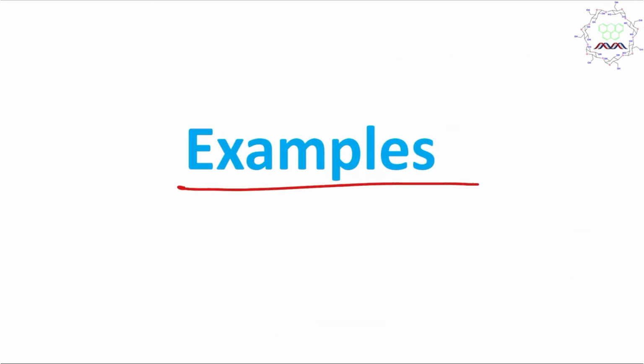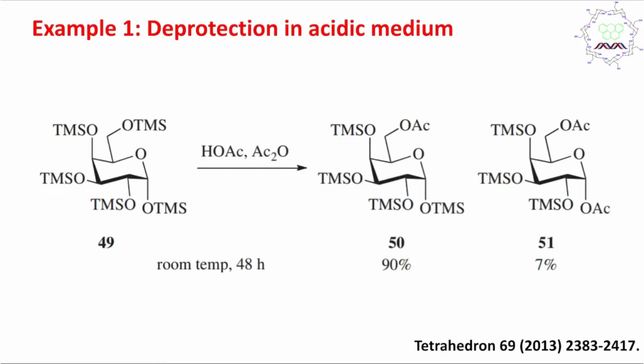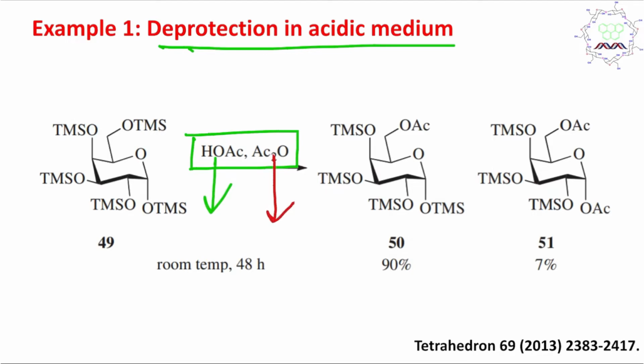Now let's come to examples, some little interesting examples. Example number 1, deprotection in acidic medium. This is in acetic anhydride medium, so in this case there are two properties. First of all, acidic properties because of acetic acid, and acetic anhydride you may consider a dehydrating agent. So what happens in acidic medium? The silane associated with less bulkiness will be hydrolyzed.